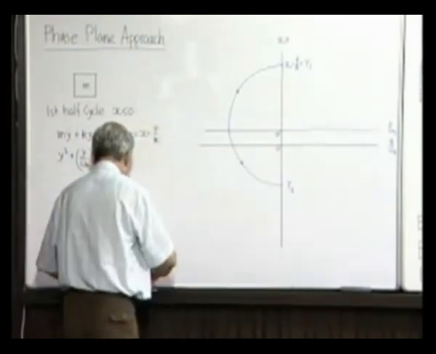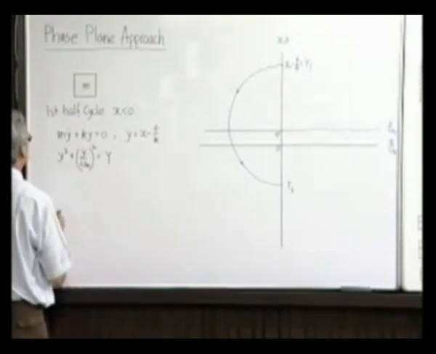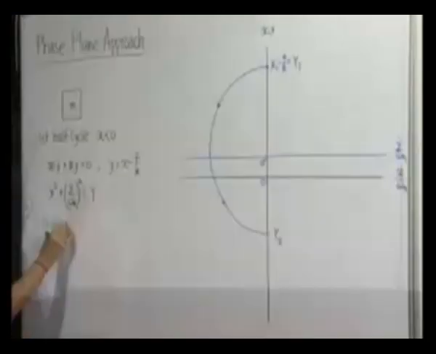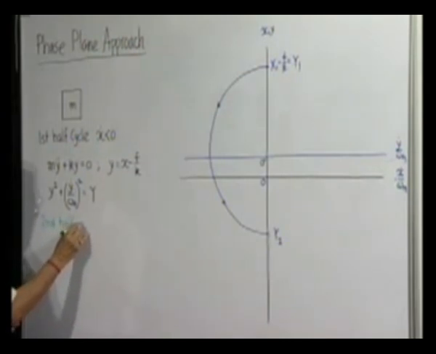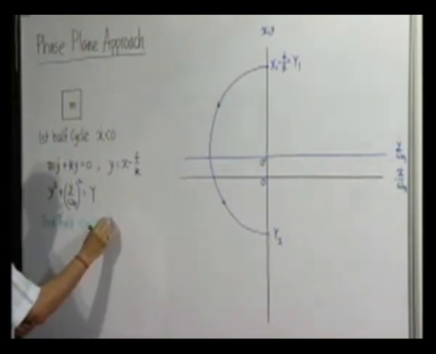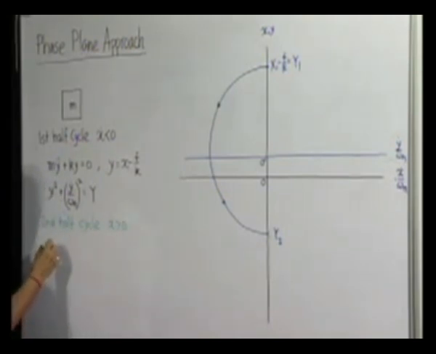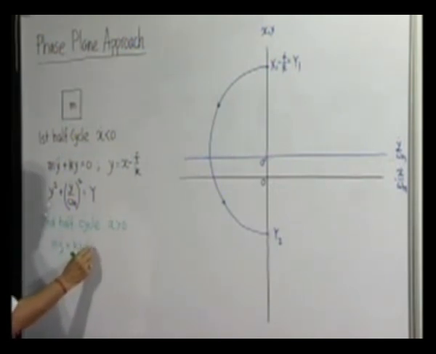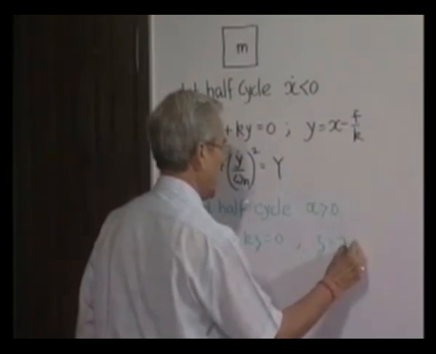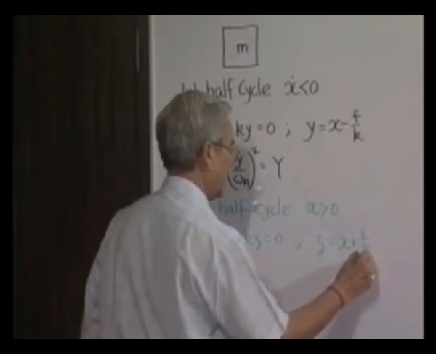Now if we go to the second half cycle, x dot is more than 0, and the equation is m z double dot plus kz equal to 0, where z is equal to x plus f by k.